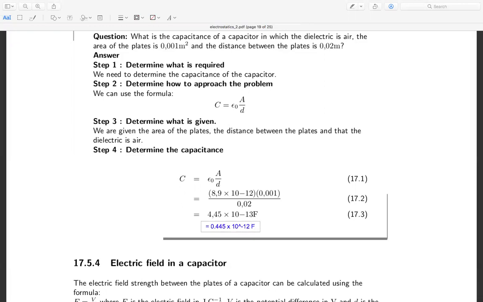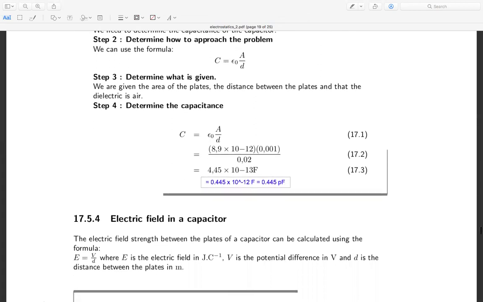And you remember that 10 power minus 12 is picofarad. So this is 0.445 picofarad. Okay, I hope you understand.